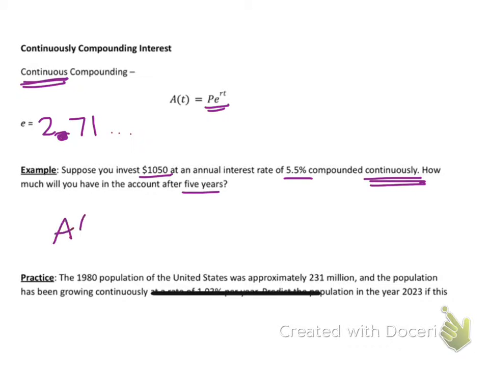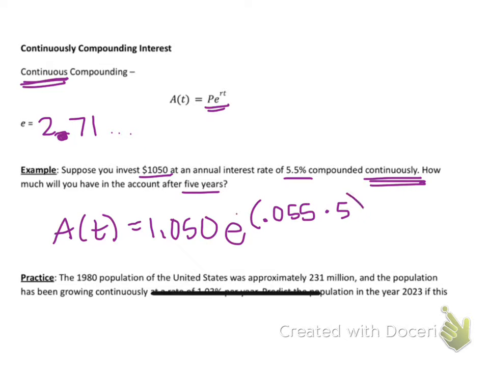So my equation is my starting value, which is 1,050. E is part of the formula. Then it's raised to the 0.055 times 5. E, if you are using a TI calculator, you will have to hit second, and then it's the LN button.